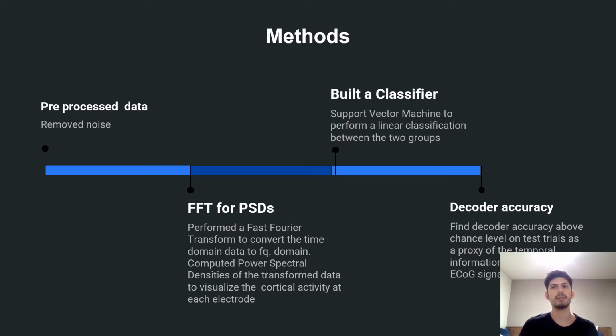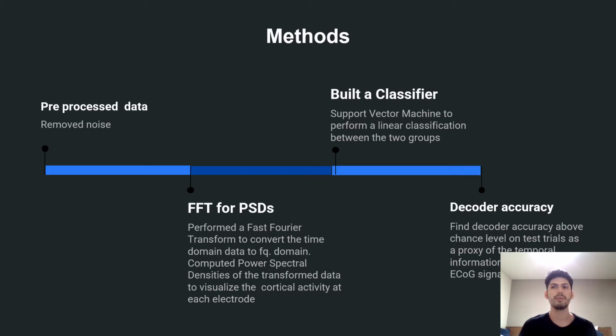To highlight the differences of cortical activity between the overt and imagery blocks, the prefiltered data was used and a fast Fourier transform was performed on it to convert the time domain to the frequency domain, and we looked at the power spectral density profiles of activity recorded from each electrode.